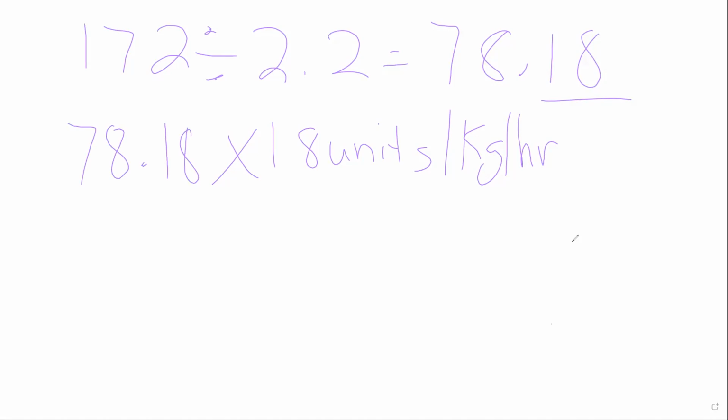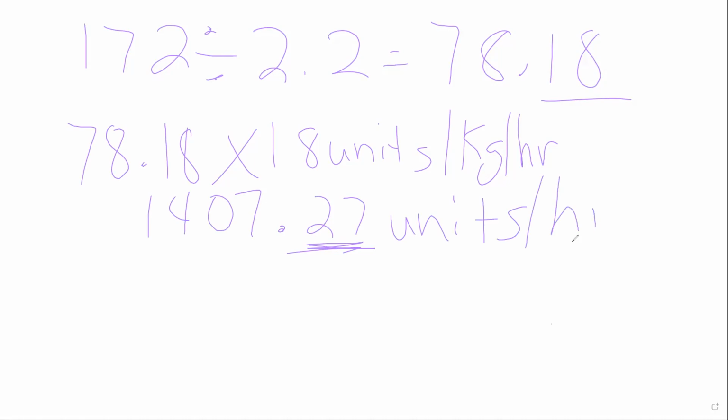And you should have got 1407.27. And I just represent this again as infinity. Okay, you leave that whole number in the calculator. Do not erase anything. And this is units now per hour. And we're looking for mLs per hour, okay?